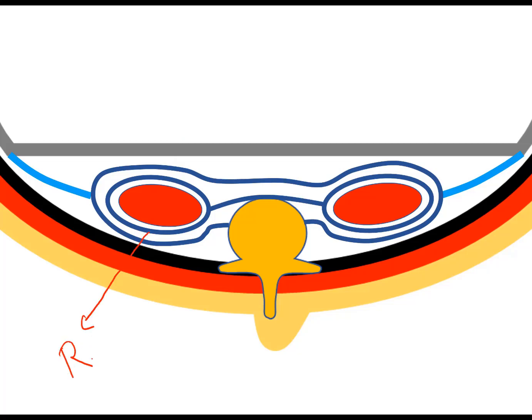So this is called the interfascial plane, or the retrorenal space, and anteriorly this is called the retromesenteric plane. This is called a retromesenteric plane because anterior to the anterior renal fascia we see the bowel, so that's why this is called the retromesenteric space, and this is called the retrorenal space.